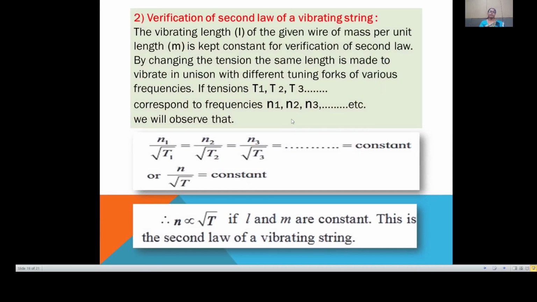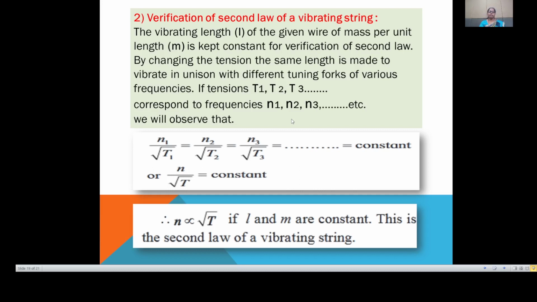Second, verification of the second law of a vibrating string. The vibrating length L of the given wire of mass per unit length m is kept constant, and the tension is changed. The same length is made to vibrate in unison with different tuning forks of various frequencies.